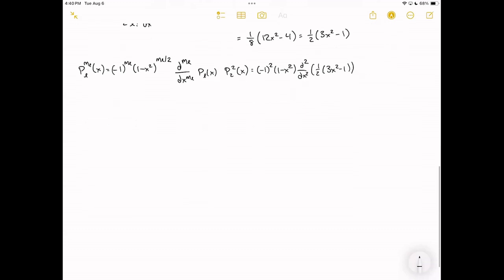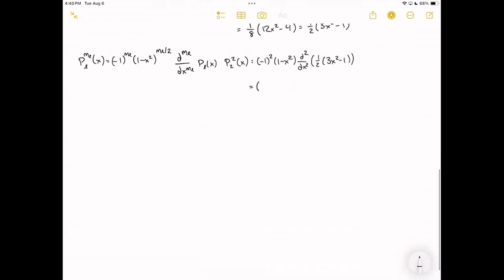And so what that's going to end up being is simply 1 minus x squared times 1/2 times 6, or 3 times 1 minus x squared.